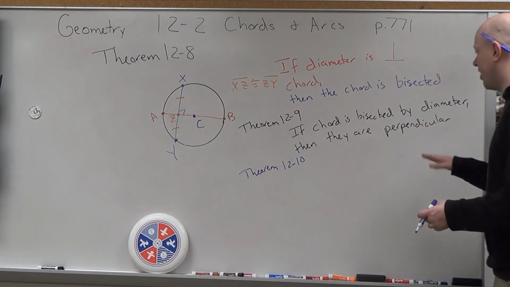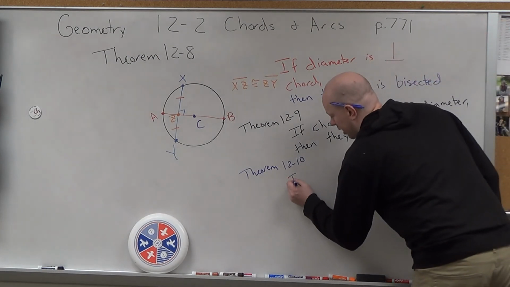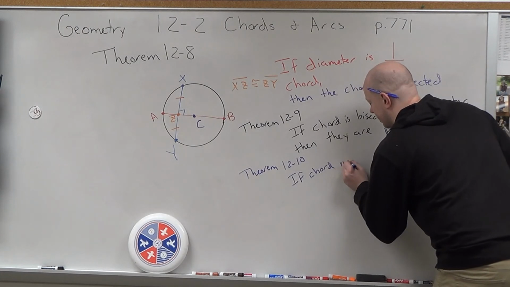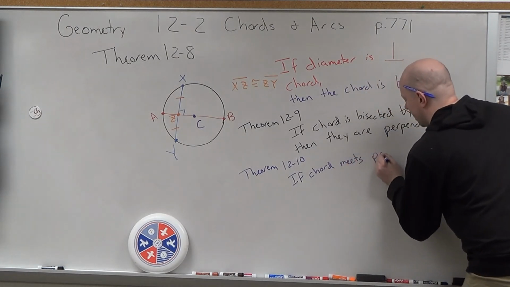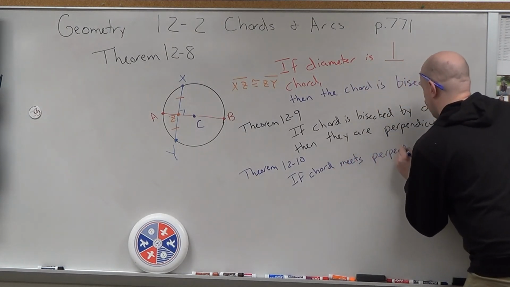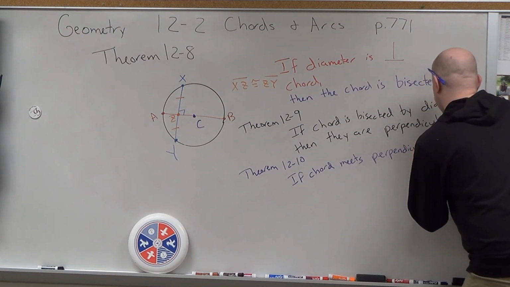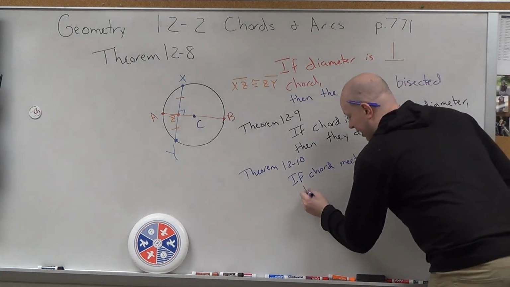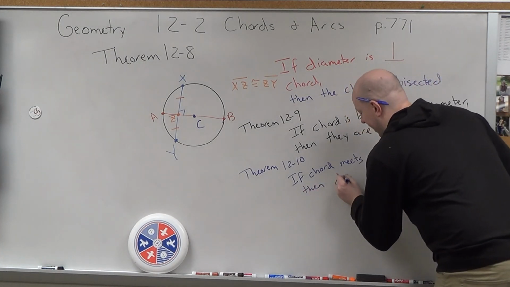So if I know that if chord meets a perpendicular bisector, then it's the diameter.